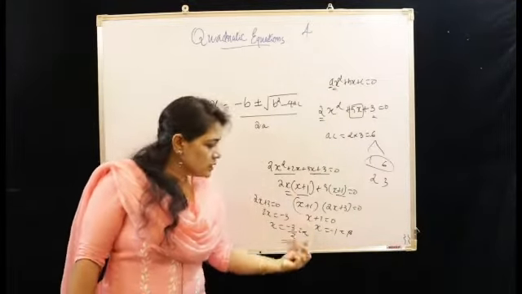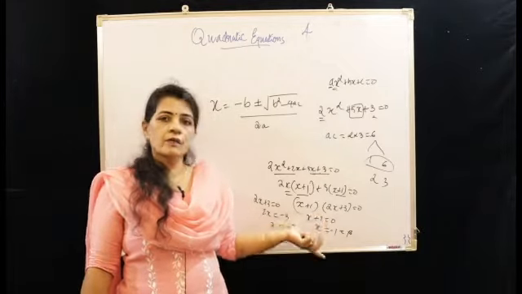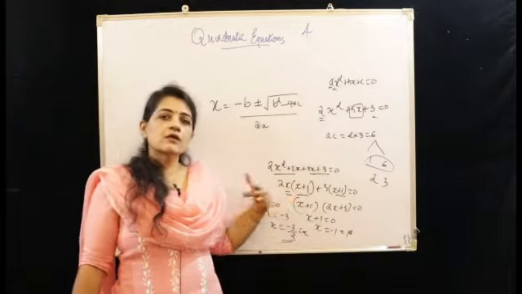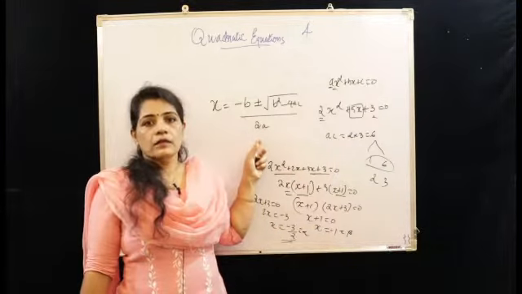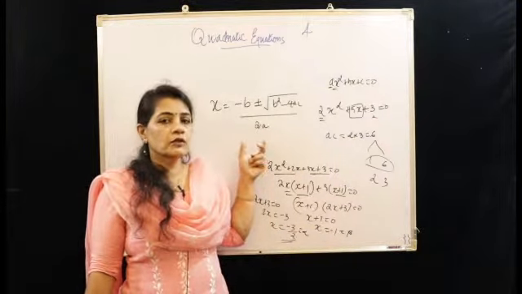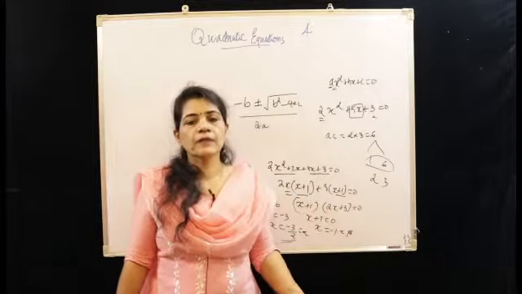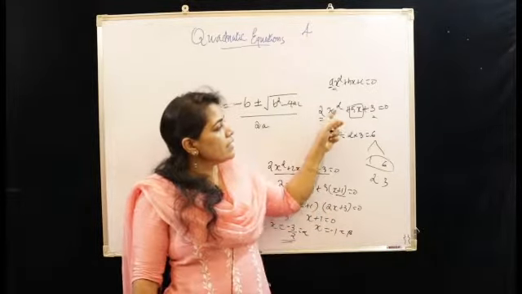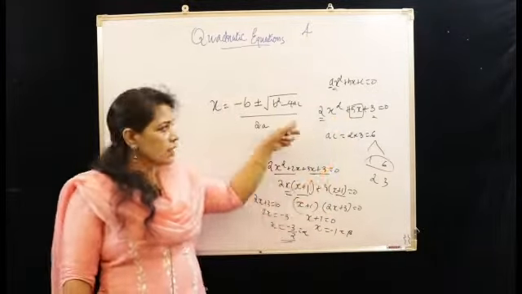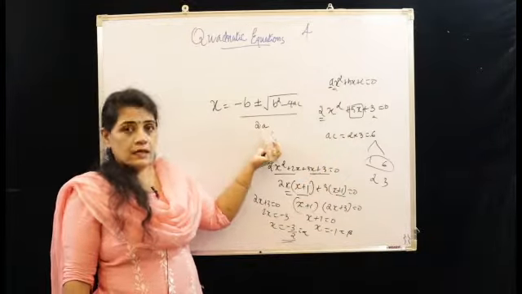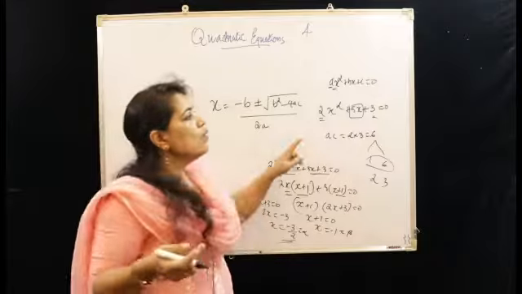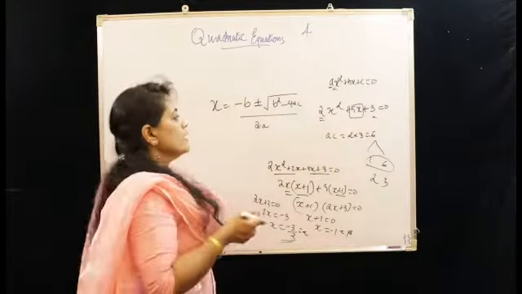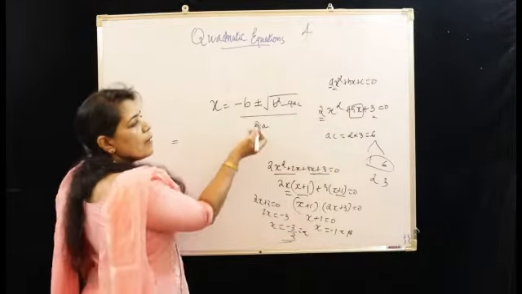Without splitting the middle term or the grouping method, all these steps you can avoid if you know this formula. This would be the better formula to get the roots of the quadratic equation. Okay, see children, we can take the same equation in order to give an example and apply this formula.